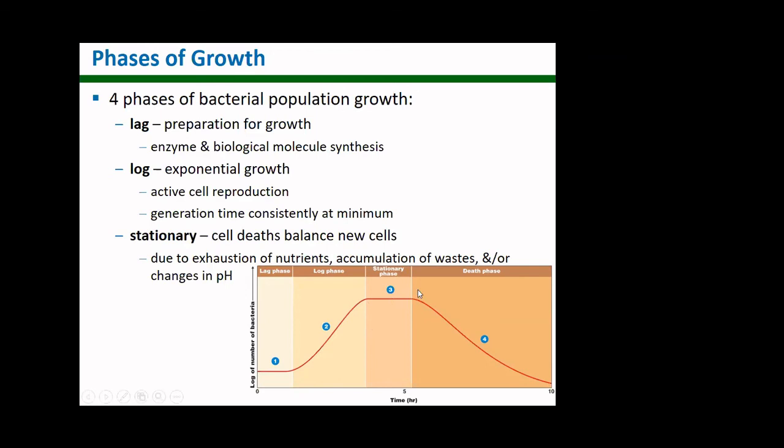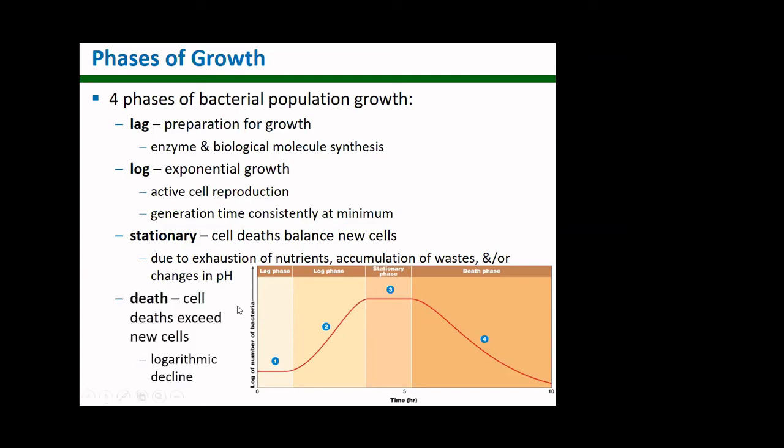In stationary phase, you don't have any new numbers of cells because the numbers of cells dying is the same as the number of new cells. So the total number stays the same. In this stage, you're using up all of the nutrients, you're accumulating waste products, and you're changing the pH in your environment.